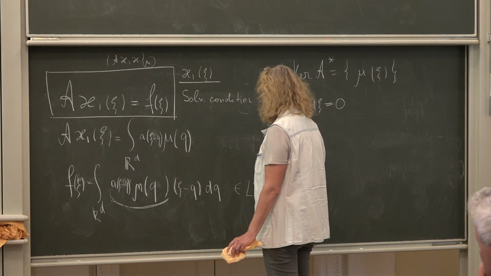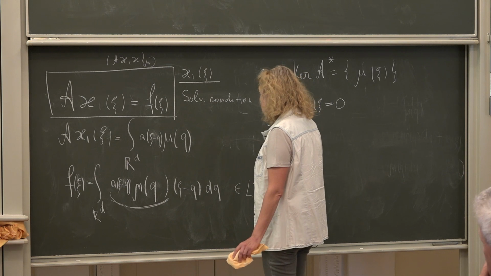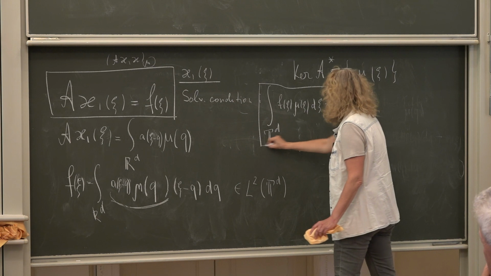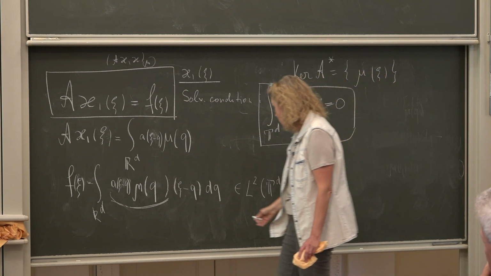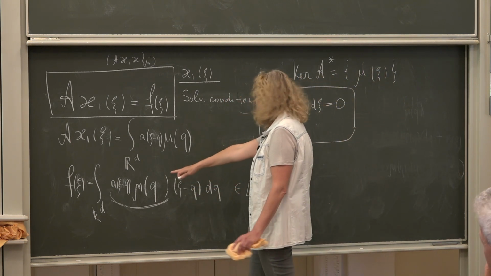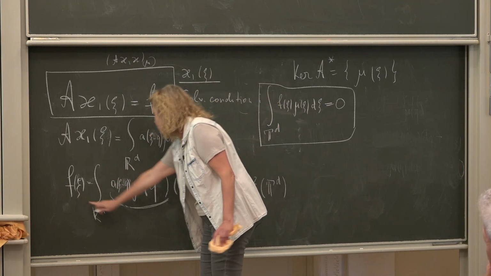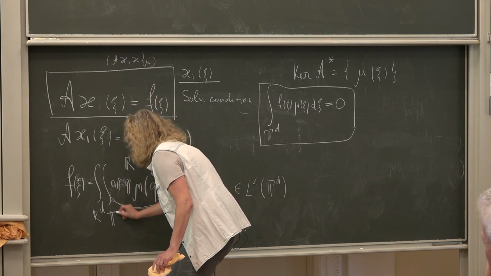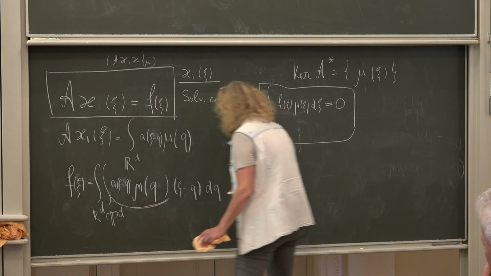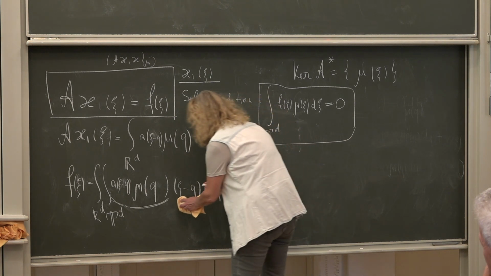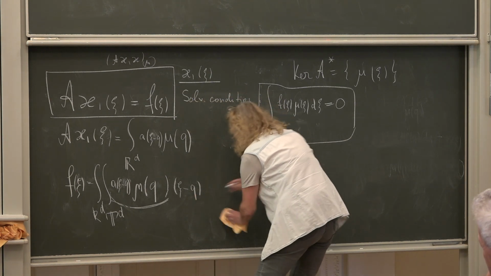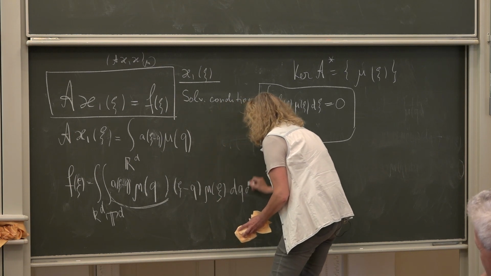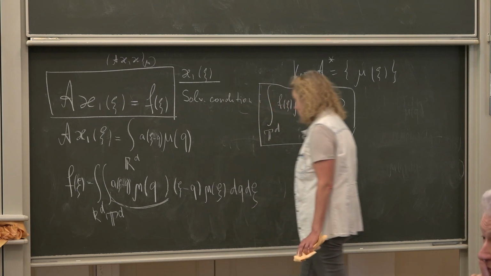Okay, and now look, we should check this condition, and what we have now, function f psi is the following function, and now we should integrate over Td with function mu psi, dq d psi.